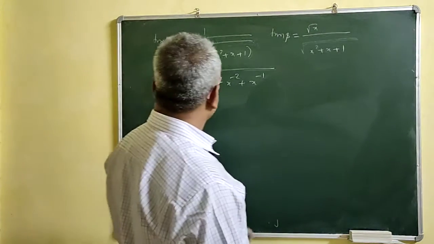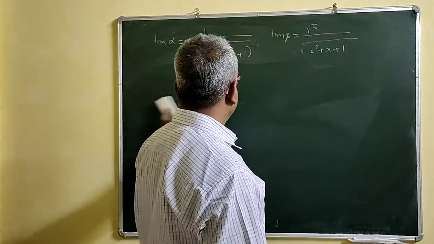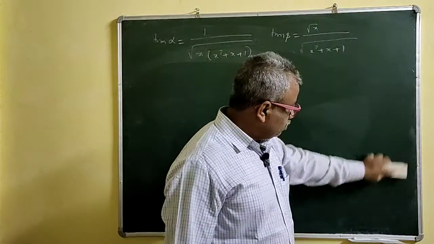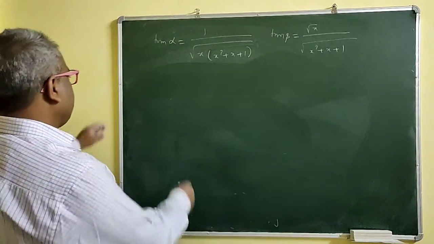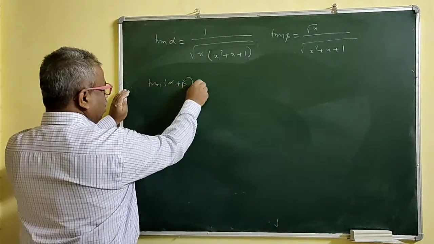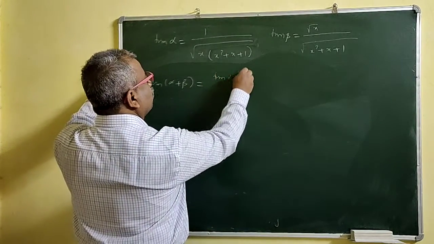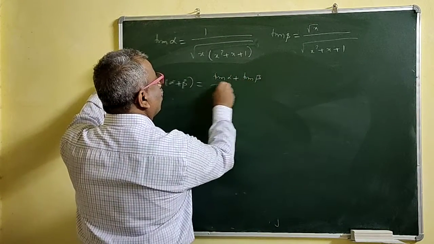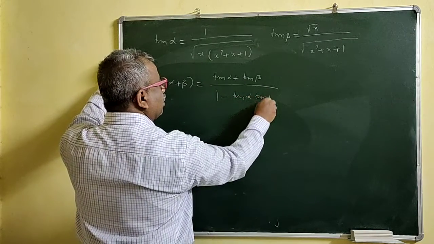Okay, so I will erase this tan gamma now because I don't need it right now. I have to do some calculations here. So we write tan of alpha plus beta. Tan of alpha plus beta is, by the formula, tan alpha plus tan beta upon 1 minus tan alpha tan beta.